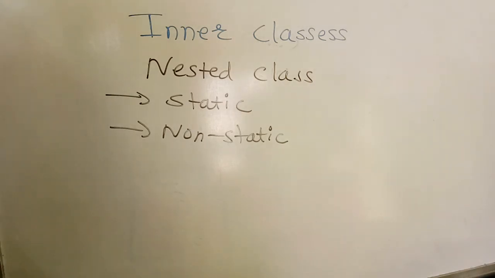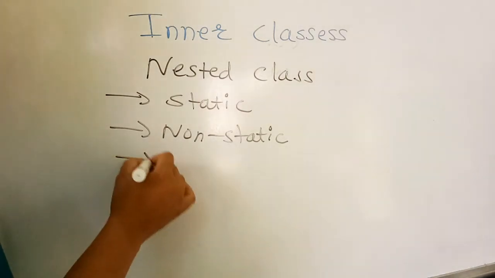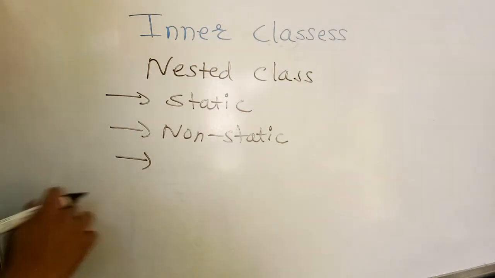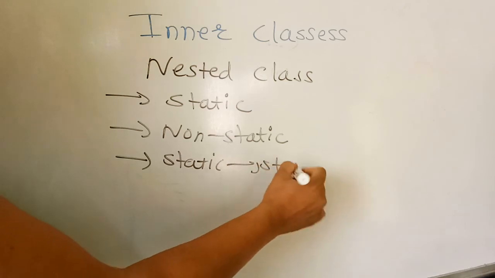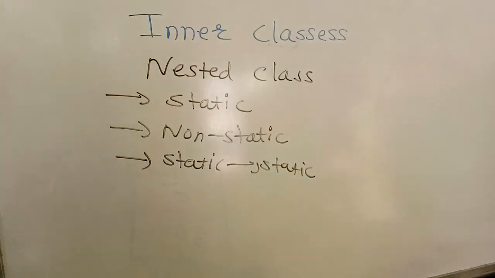A static nested class can access static members of the outer class directly. From previous videos, you have got the idea that static has access only to the static mechanism, so there is the possibility of only static to static, not static to non-static.